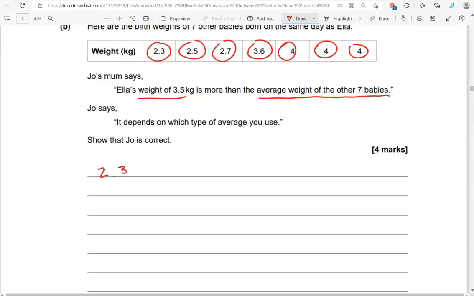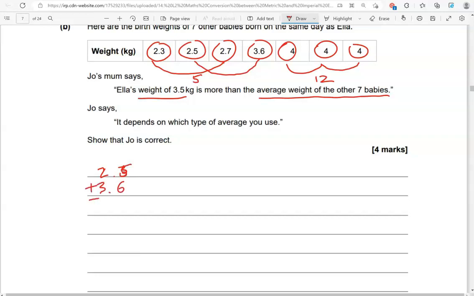I'm going to pair them up. So if I pair this up with 2.7, it gives me 5. Now we've got 3 lots of 4, which is 12. We've got 2.5 and 3.6.